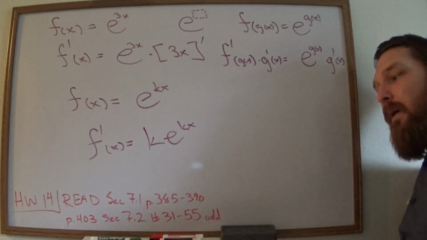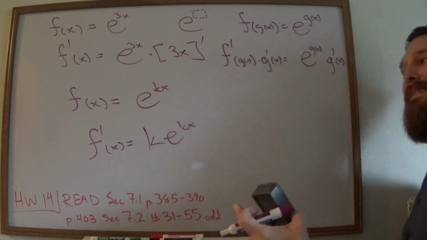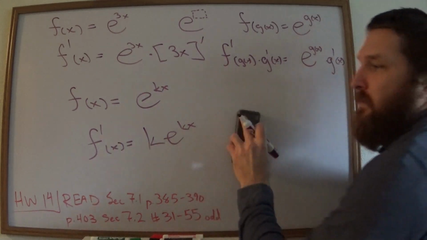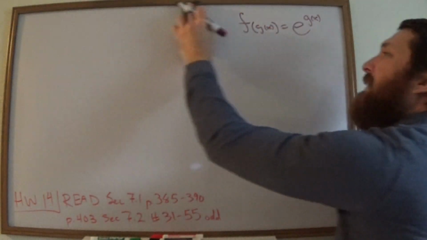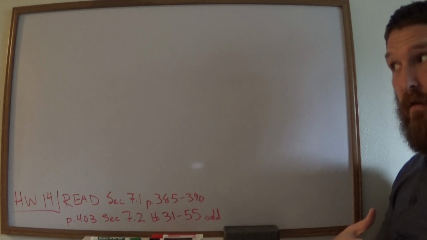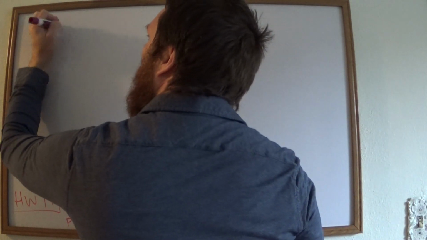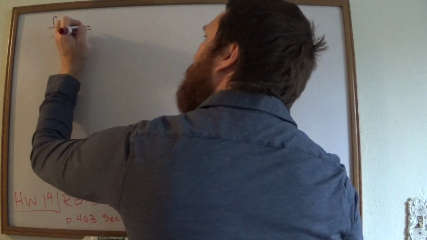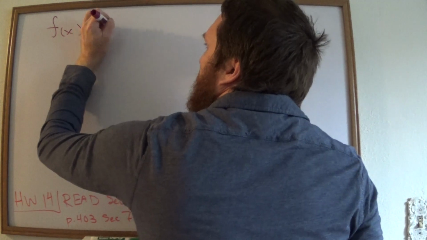Now it gets a little bit more complicated when it's not just a simple constant times x. So you could rewrite it in a creative way like you were thinking, and it would work just fine. It's just that chain rule usually is the most direct way of dealing with this.